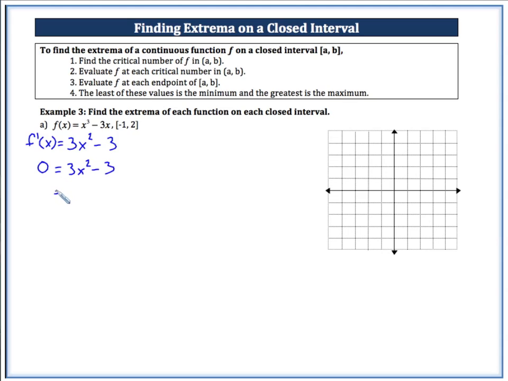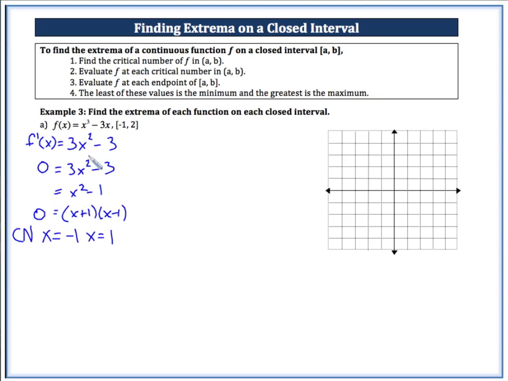We can factor out a 3 and get rid of that. So it's x squared minus 1, and we know this is x plus 1 times x minus 1. And so here we get x equals negative 1, x equals 1. These are in the domain of our function, and so these are our critical numbers.